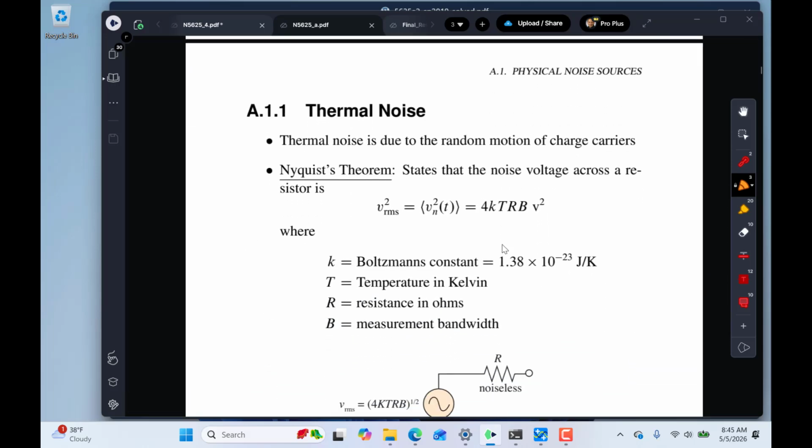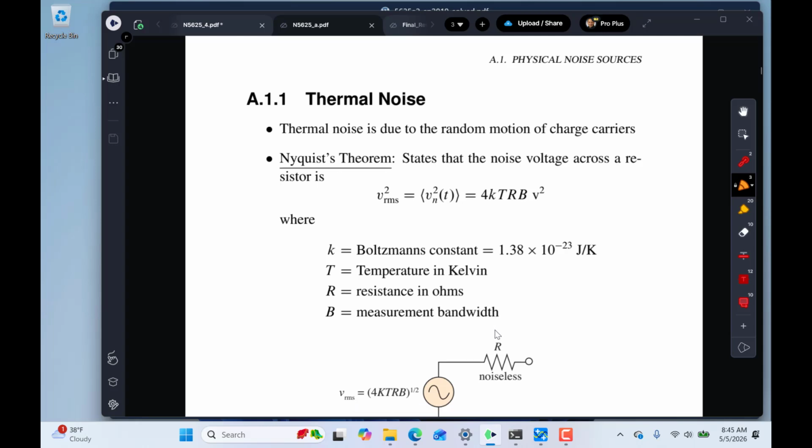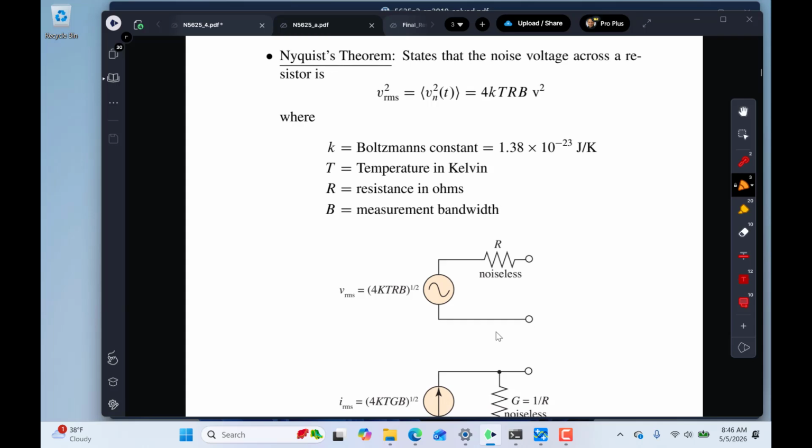So thermal noise is Nyquist's theorem. It just says noise due to random motion of charged carriers, and the basic equation is 4kTRB, where k is Boltzmann's constant, T is temperature in Kelvin, R is resistance in ohms, and B is measured bandwidth. So this takes you back to physics and probably electronic devices that you've already seen in a previous class.